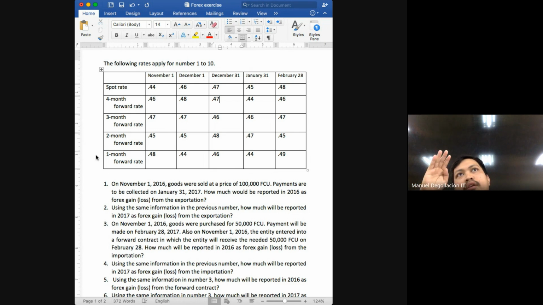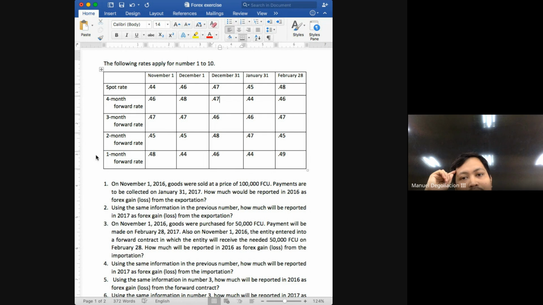Now, it's also important that you understand, class, that the concepts discussed here will apply if the transactions are denominated in foreign currencies. What do I mean? You buy something from another country, but the price set for the item you have purchased is in pesos, class.